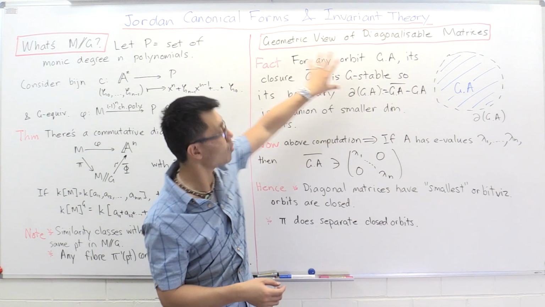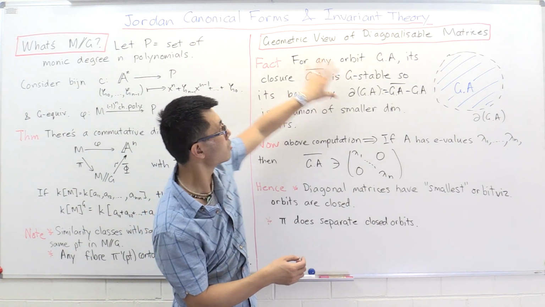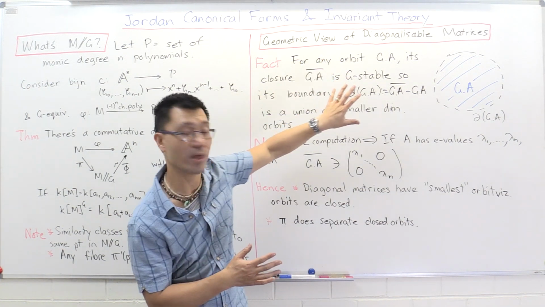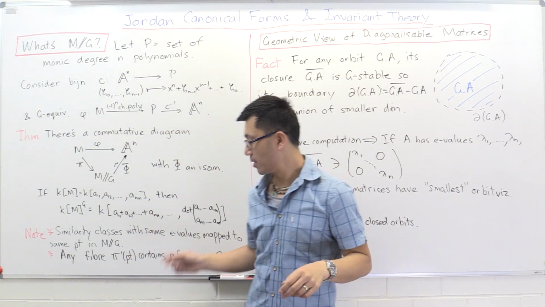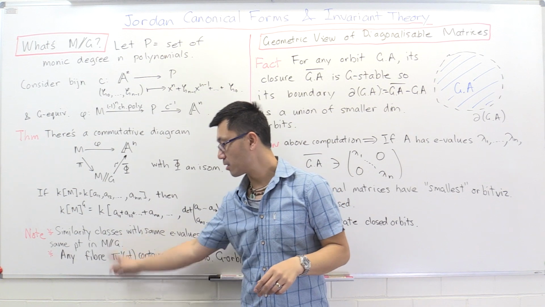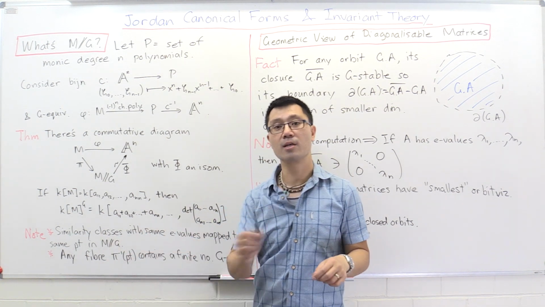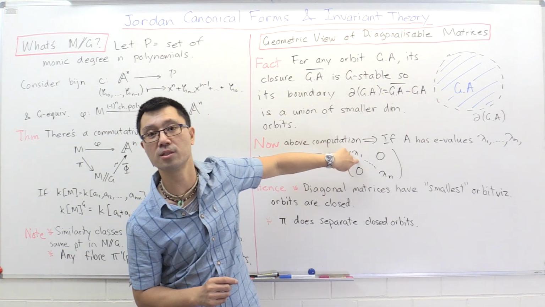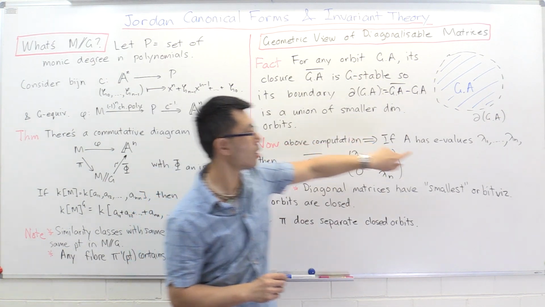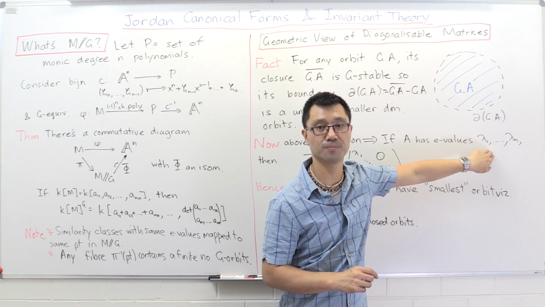Or more precisely, if you frame it using this fact, and that's the usual way that's done, it corresponds to the closed orbit inside this finite union of G orbits. There's one closed orbit, and that closed orbit is precisely the one corresponding to the diagonal matrix with those eigenvalues.